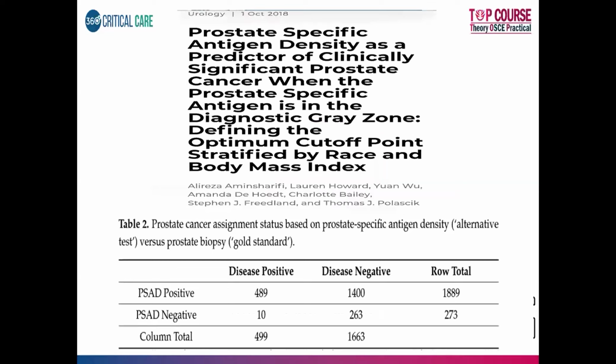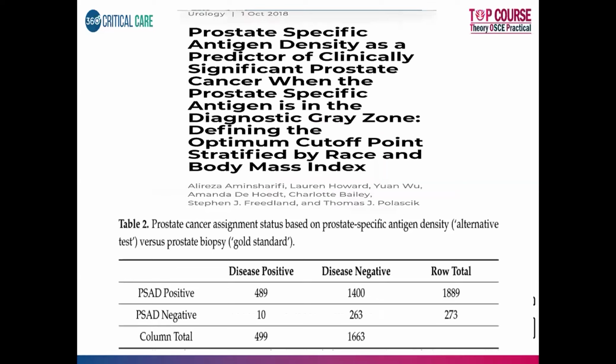Now, this is an article published in the American Journal of Urology in 2018 by Amin Sharifi. Basically, they tested the prostate specific antigen density. We all know prostate specific antigen is one of the methodologies for detecting prostate cancer, depending upon the values. So what is this prostate specific antigen density?